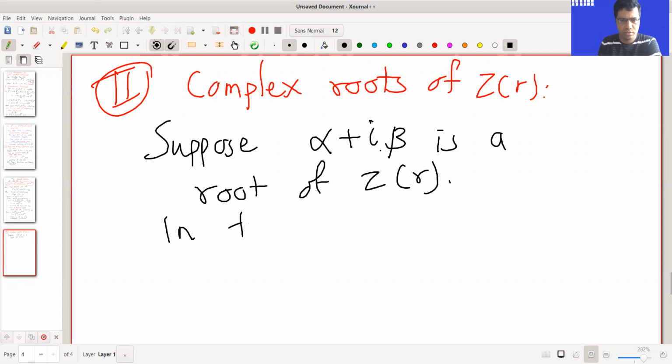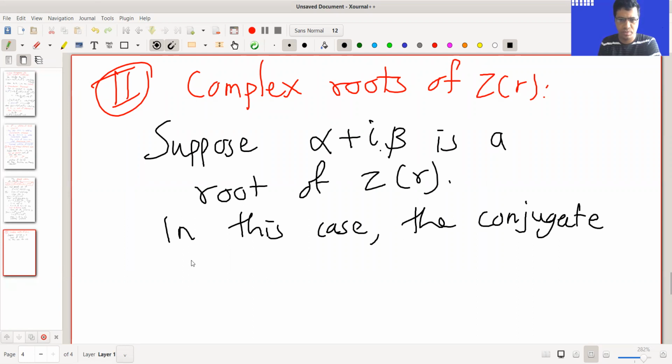In this case, the conjugate of this complex number, that is alpha minus I beta, is also a root.